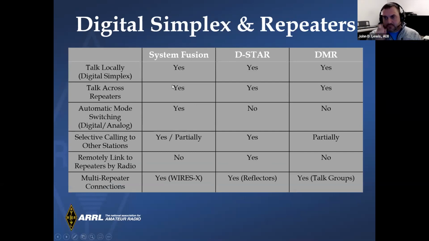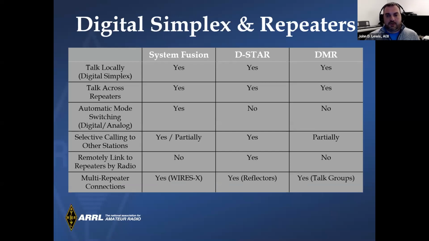Here are some other things to look at, just a comparison of how these modes work and how you can use them. Obviously, can you talk on Simplex with all these modes? Yes, you can. Fusion again is the easiest. You can just pick Simplex. I think it has an automatic mode select for most cases.